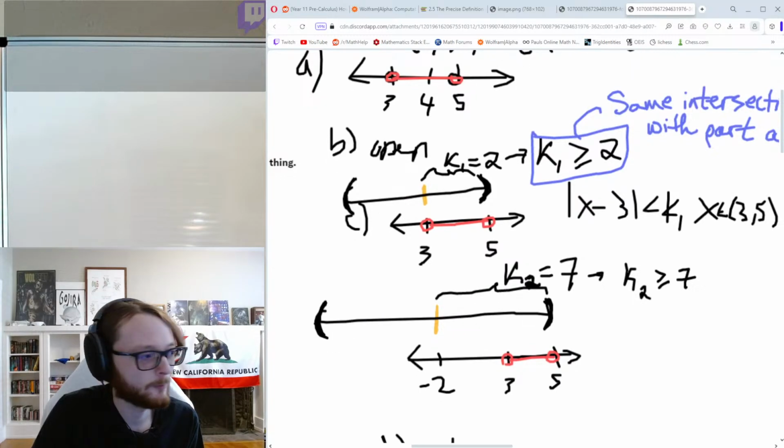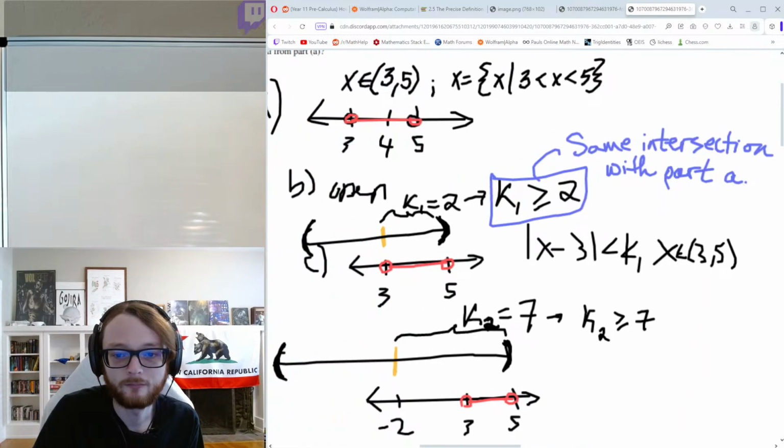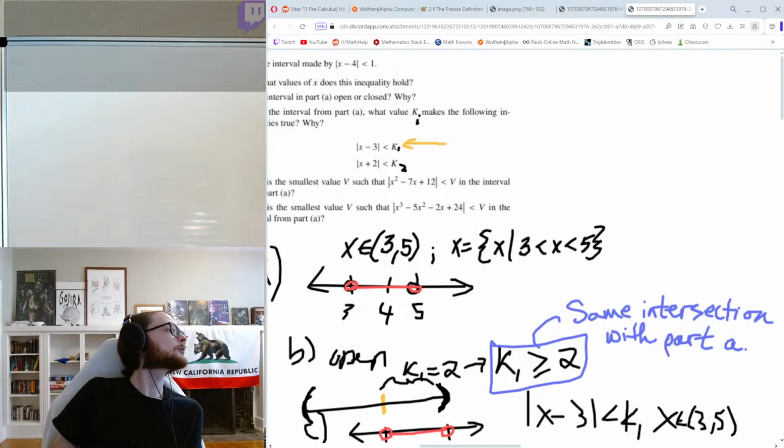I don't know that we were specifically taught to do it, but I do like the way that you did it. I like the way that Yanis did it. Okay, so we started with x minus 4 is less than 1. We shifted over by 1, and we found that k should be greater than or equal to 2. In here, we shifted over by 4. Funny enough, we only added 2, though.